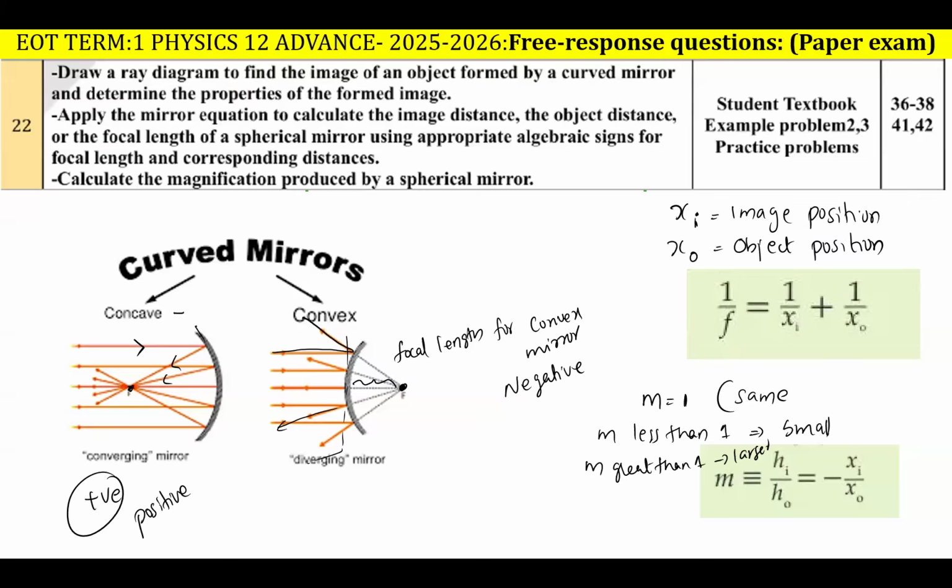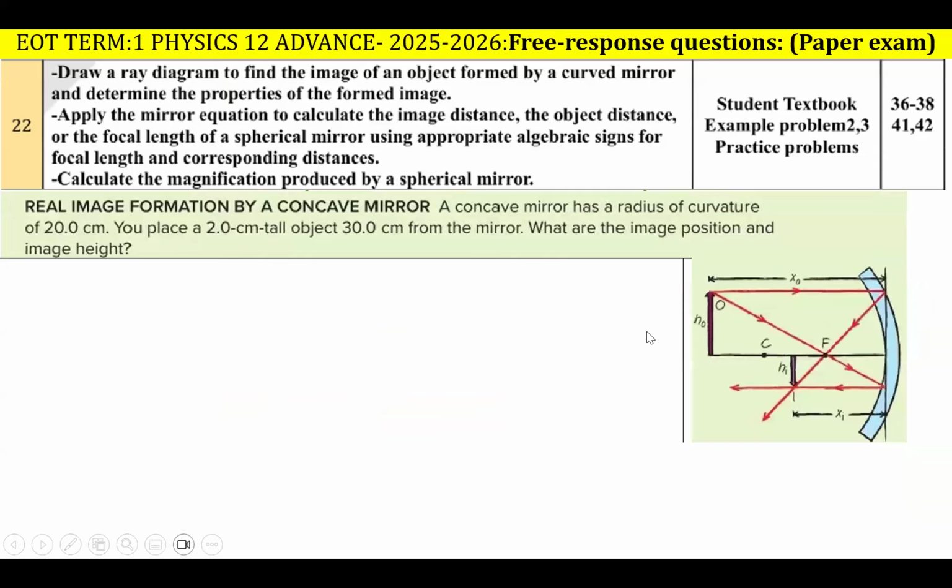So let's take an example. In this question, a concave mirror has a radius of curvature of 20 centimeter. First of all, it's a concave mirror, so the focal length is positive. In some questions, they will give it as positive or negative.